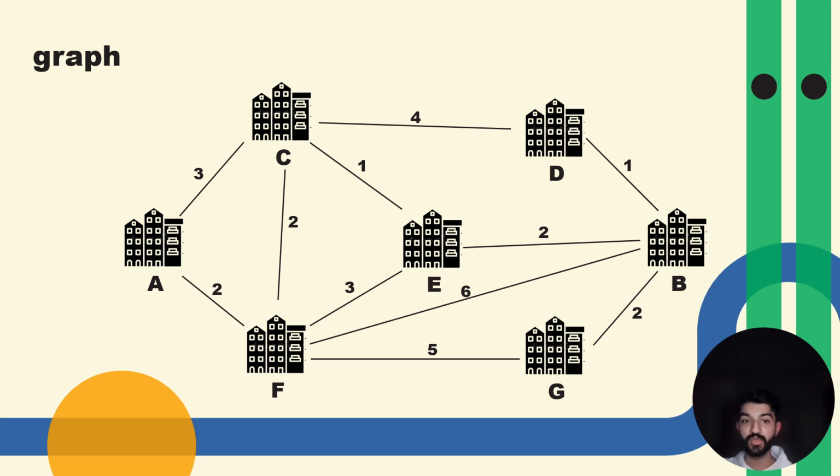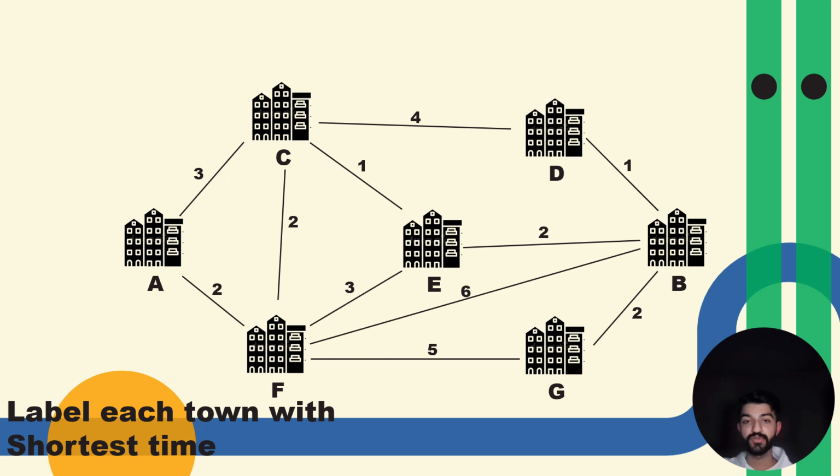So ideally, we want to label each town with a number representing the shortest time required to get there. But of course, we don't know that information yet. So instead, we will label each town with the shortest time we found so far to get to that town.